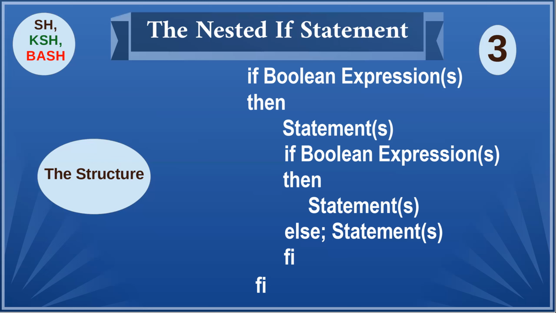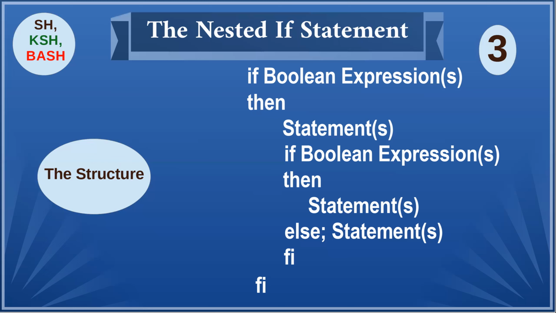And then every if statement, as I mentioned, in bash, Korn shell, and sh, the Bourne shell, has to end with a fi. With the other shells, you have to end it with endif. But we're not talking about C shell, TC shell, or Z shell in this case. We're talking about bash, Korn shell, and sh.